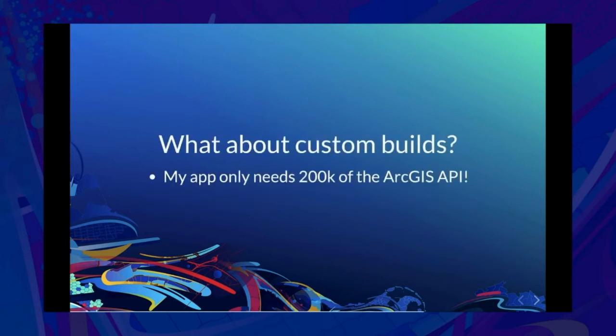Some people ask, aren't we losing the benefits of tree shaking and modern builds, where at build time your bundler goes through your app and picks out just the bits that you need, and out of this giant library, you're only going to get 200K?